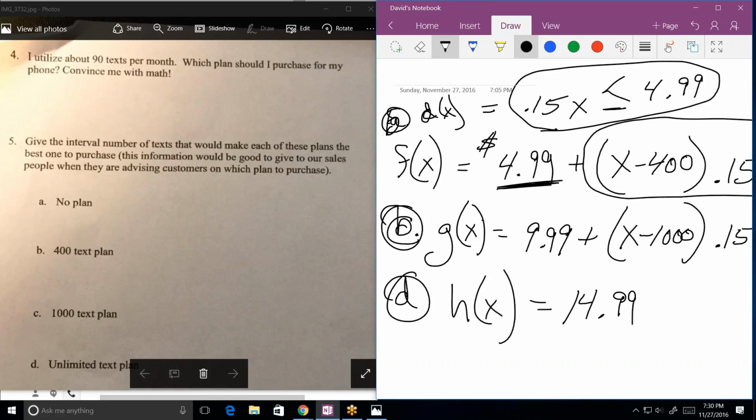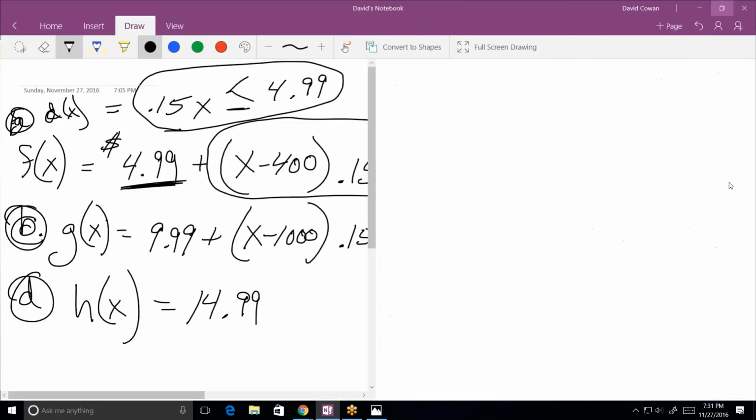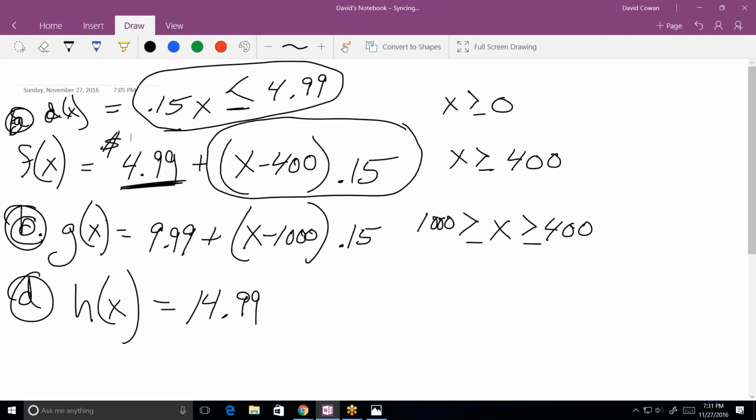Let's see, what's the next one we have to decide is when does it make sense to go to the 1,000 text plan? If you send exactly 400 texts, which plan is the cheapest? The 400 text plan. Just $4.99 is all it would cost you. So what we have to decide is when does it make sense to go to the $9.99 plan?